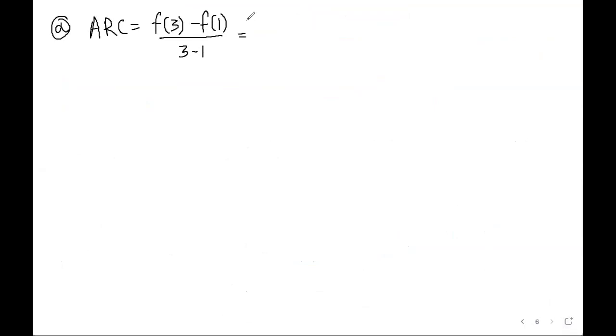What is f of 3? 3 minus 3 squared, minus 1 minus 3 squared, over 3 minus 1, which is 2.